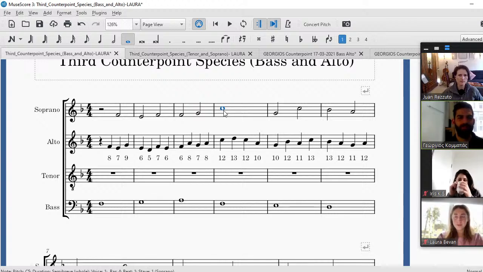Have we corrected the first two bars, three bars? Remember last time, Laura was on the beginning, it was a storm, and we were correcting her exercise, and she missed this part.